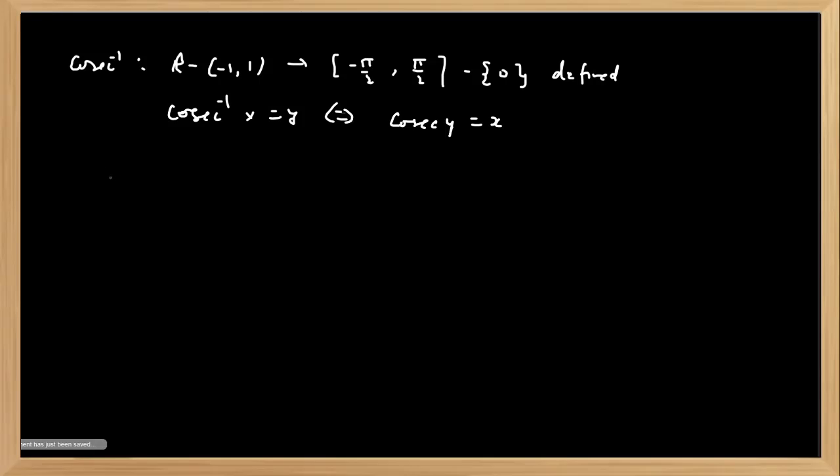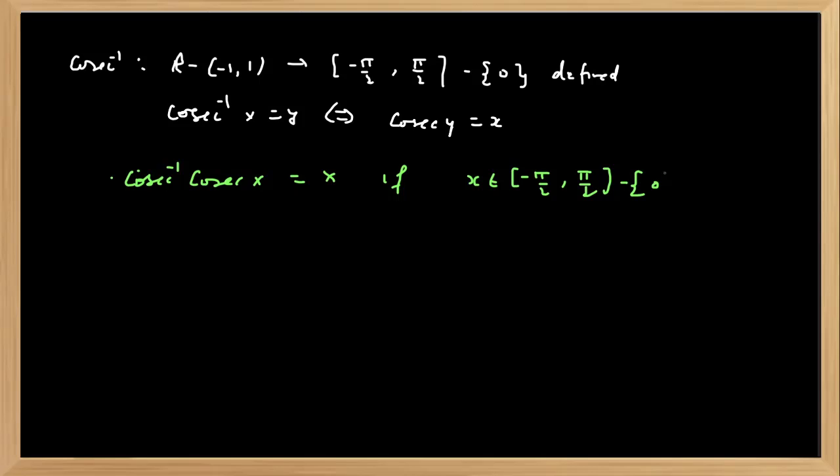Note, these are from the definition. Cosec inverse of cosec x will be x if x is in the principal value branch, if x belongs to -π/2 to π/2 excluding 0.